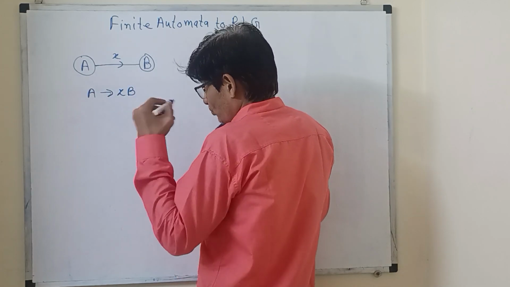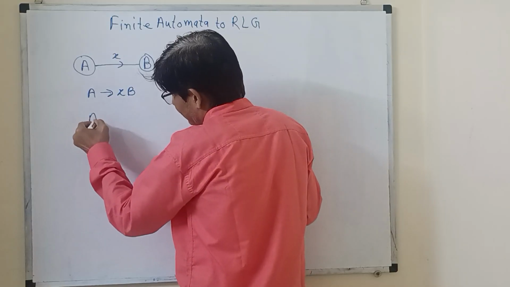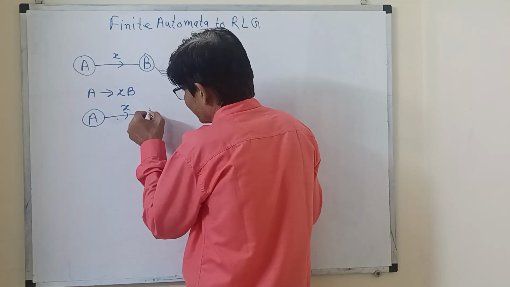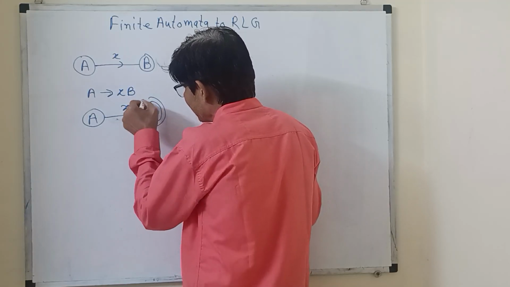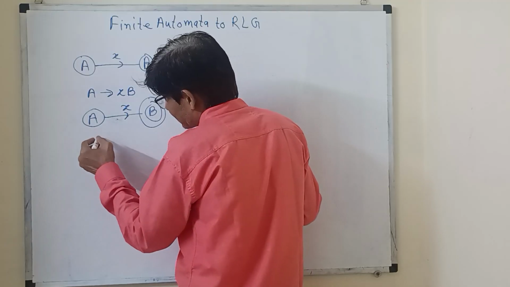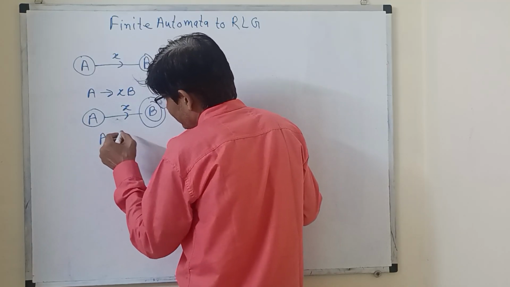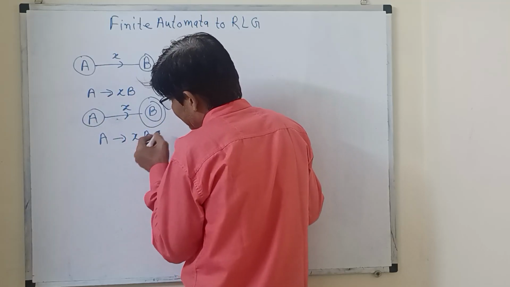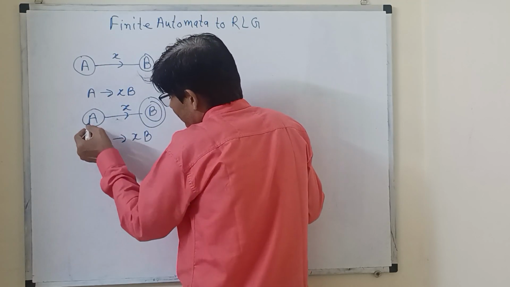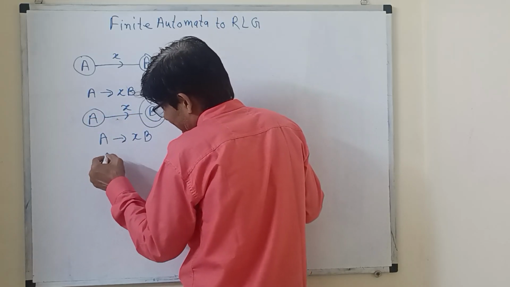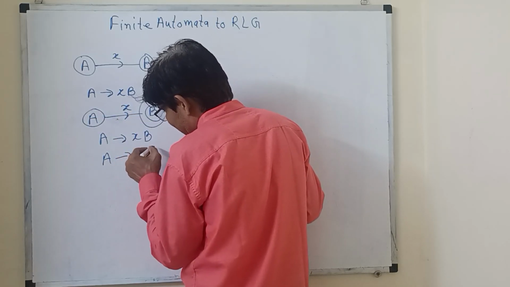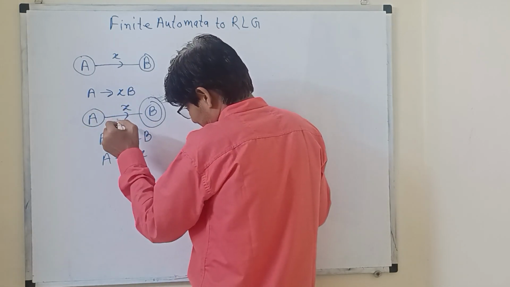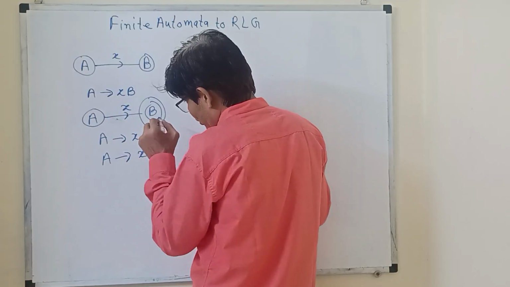xB. Now one more condition you may have: you have two states again and an input symbol x between them, and this time B is the final state. In this case you can write A gives xB, and you will add one more production here, A gives x, as B is the final state, and the transition of x from A is reaching the final state.